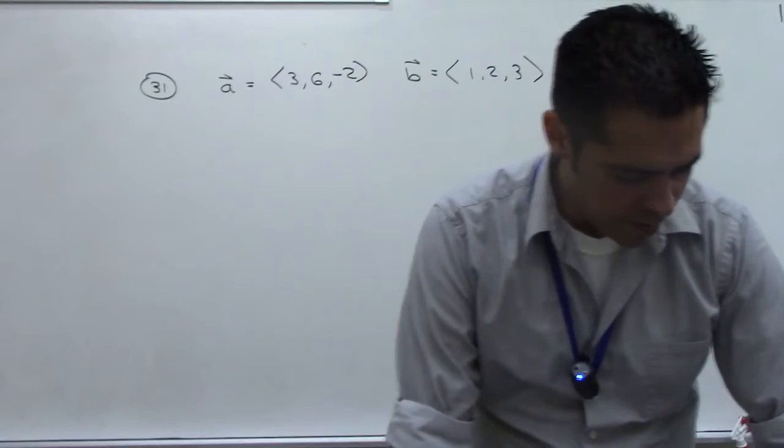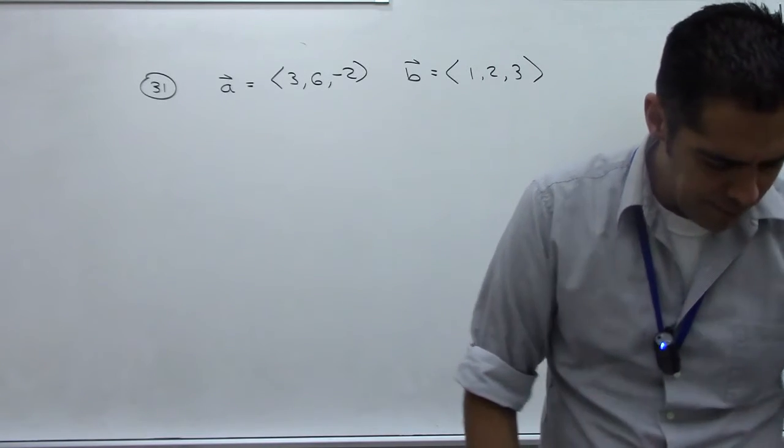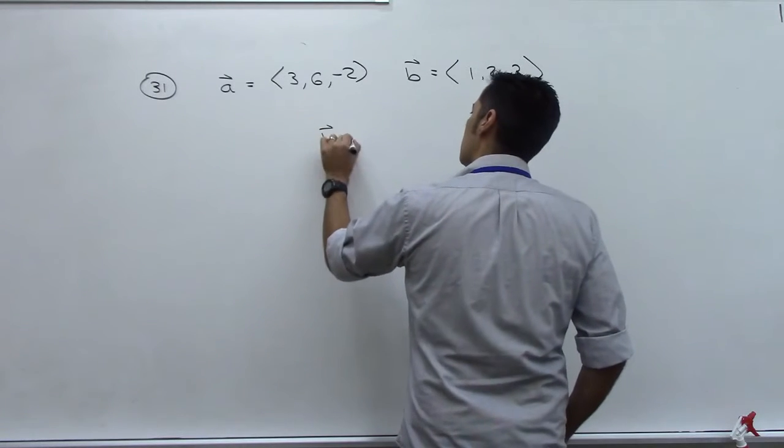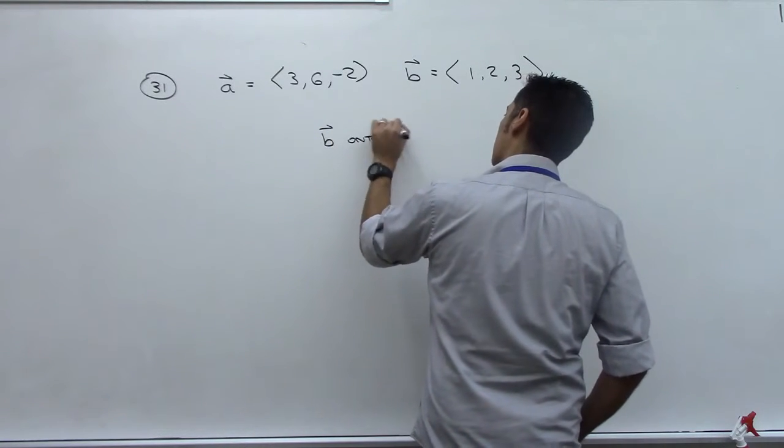So we have two formulas here. The scalar projection, and they want B onto A. All right.